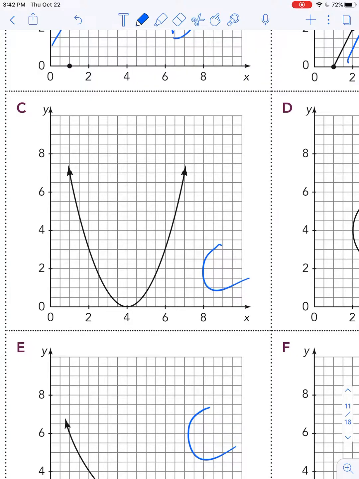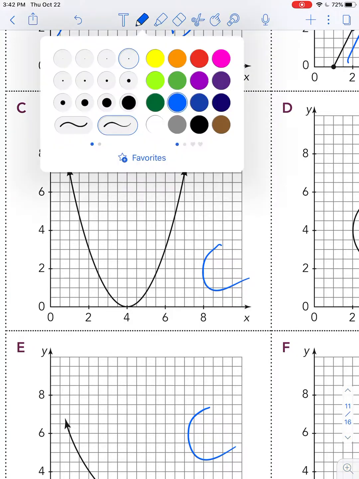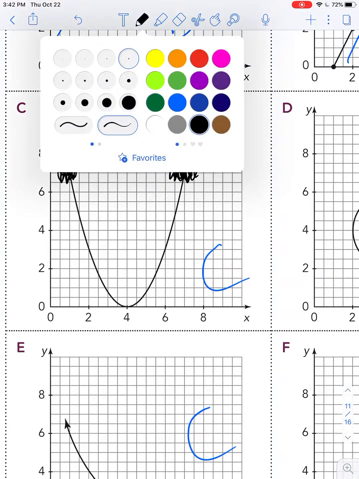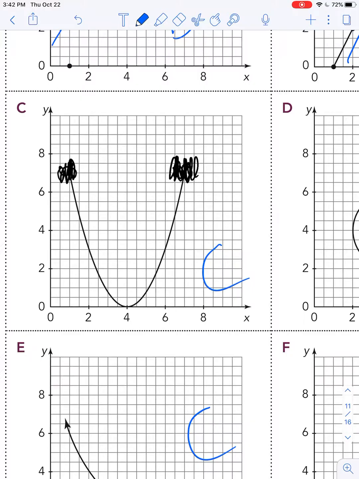If I'm going left to right, ignore the arrows on this, okay? So if I'm going from left to right, this is going downhill from left to right, and then this is going uphill. So this is both increasing and decreasing.